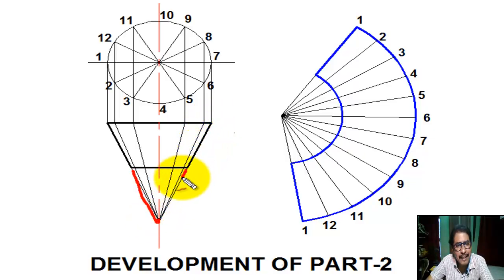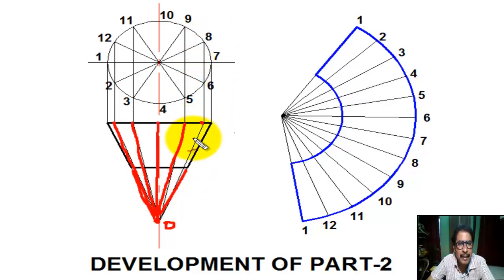Now join from this point to the vertex, from this point, 3 and 12, join up to the vertex, this is O. Join 5 and 9 up to the vertex, 6 and 8, this point joined up to the vertex.